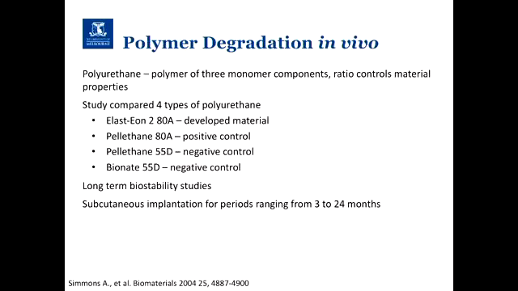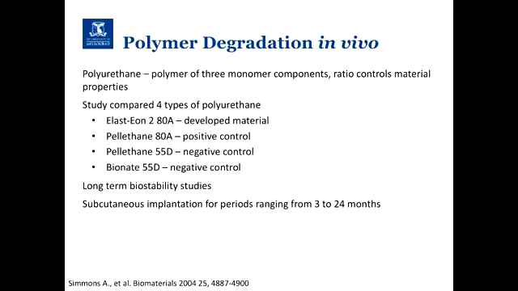So the last few slides are another example that I'm going to show you about looking at how putting a material into our body changes material properties. Have we all heard of polyurethane before? Polyurethane is, in a way, a nice polymer to work with.